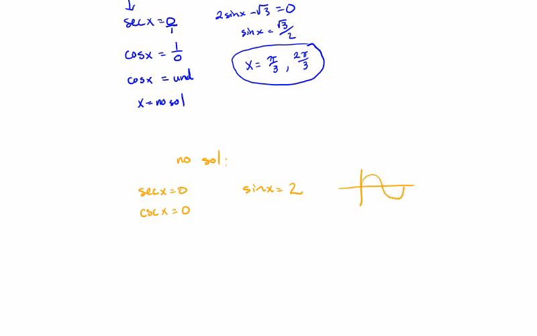That's a sine graph. The highest or lowest that a sine graph ever goes is 1 or negative 1, so it would never equal 2. Same thing for cosine of x, it couldn't equal negative 2. The ratios they equal have to be between 1 and negative 1. So all 4 of those scenarios would be where you wouldn't be able to find an angle for x. Okay, let's keep going.